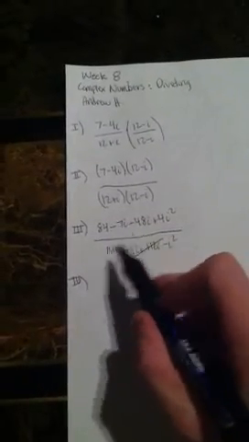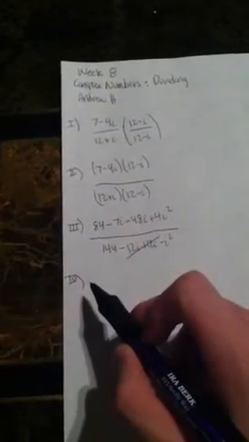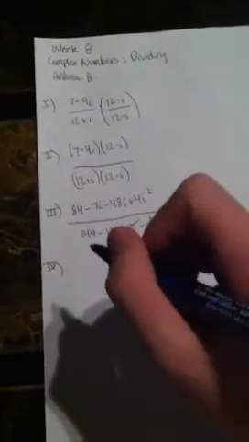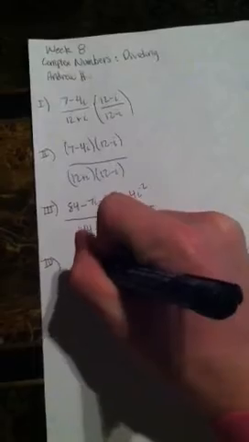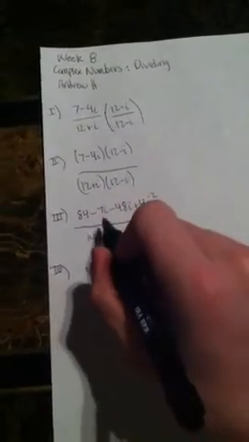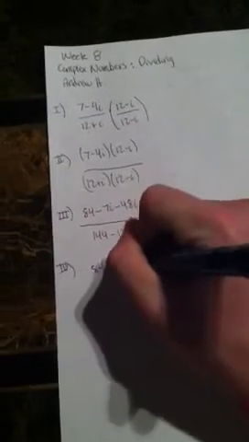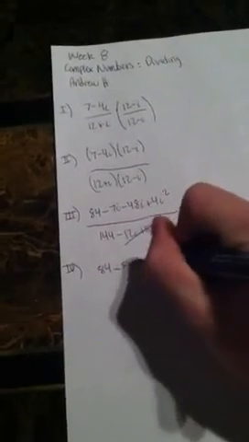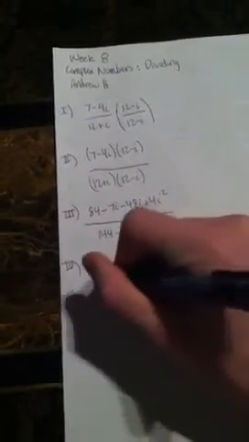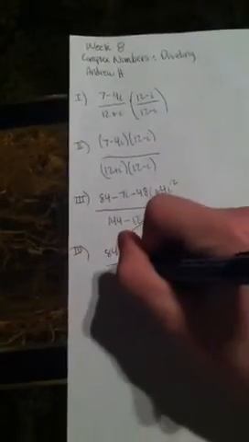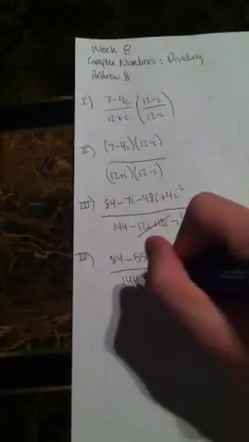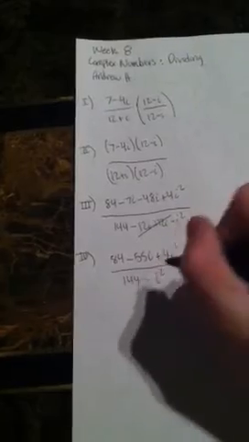And from the third step, for the fourth step, what you want to do is gather or collect like terms. So in this case, we will get 84 and negative 7 minus 48 will give us a negative 55i plus 4i squared over 144 minus i squared.